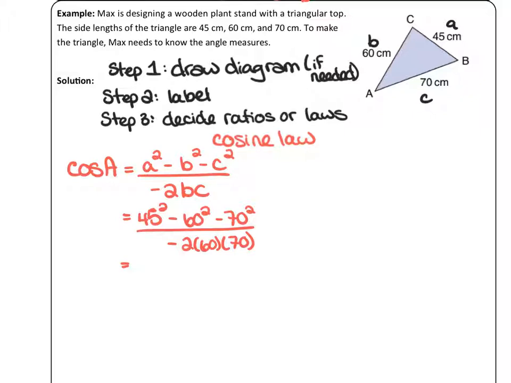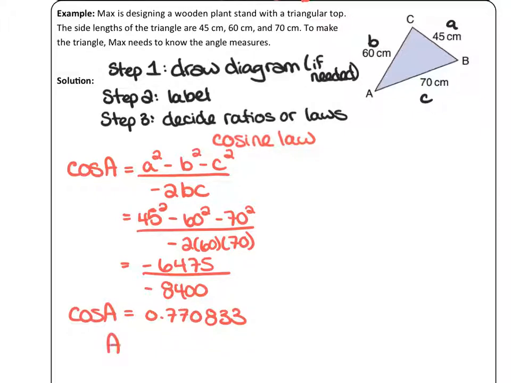So I get the top to be 6,475 and the bottom to be 8,400. So I'll divide that and I get 0.770833 and that repeats.